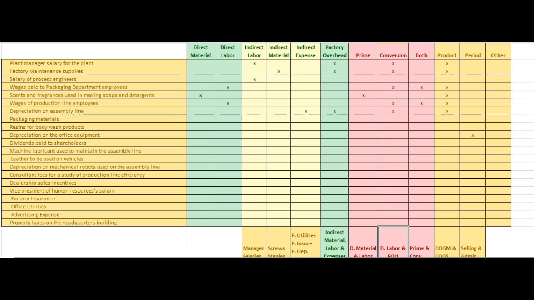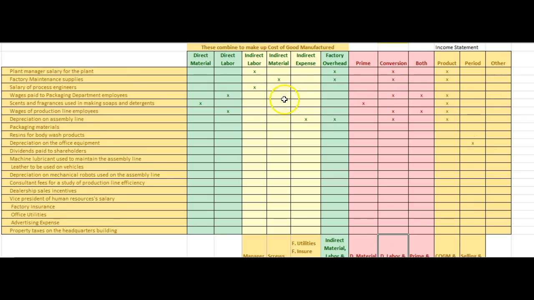If I want to take it over to the next category, this is a product cost because it's part of cost of goods manufactured. Factory maintenance supplies. Now, that's an indirect material because it's not directly related to any product. It supports the entire production process, right? So that's an indirect material. It's a factory overhead. Goes into conversion because it's factory overhead. And it's a product cost because it's closely related to the product, but not directly related.